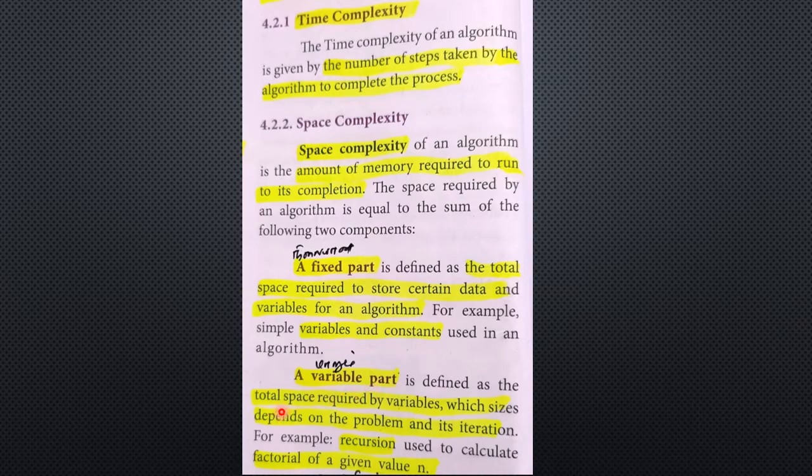So here the total space required by variables, whose size depends on the problem and its iterations. All of you know iterations are a continuous process, so the starting value and the final value differ. We can say in Tamil the variable part is 'maarum nilai' and the fixed part is 'nilaiyana nilai', the value is never changed until the end of the algorithm.